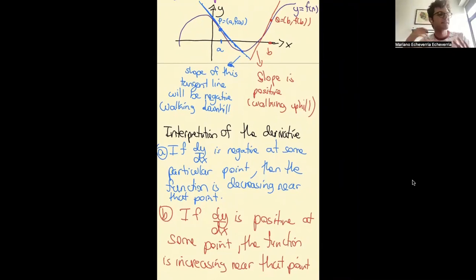There's another thing I have to tell you tomorrow, but I'll probably say it next time because this could take a few more minutes than I want. The idea is that tomorrow we'll interpret the derivative in different ways. For example, the function could be the money that you have in your bank account.